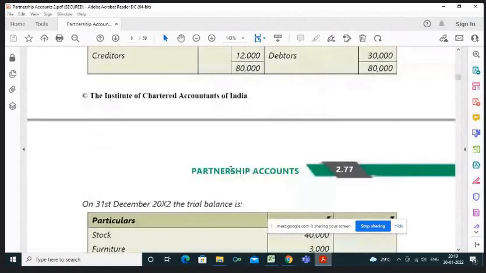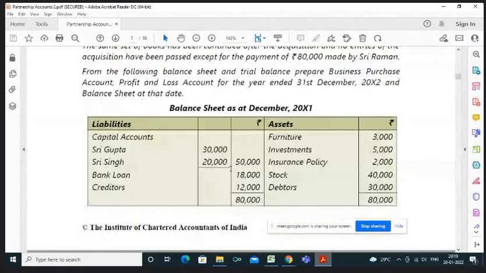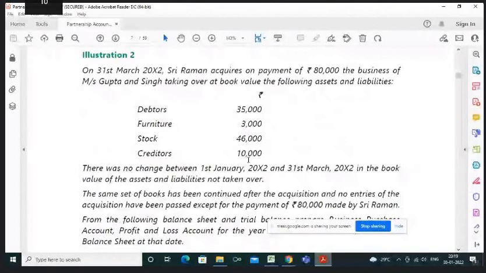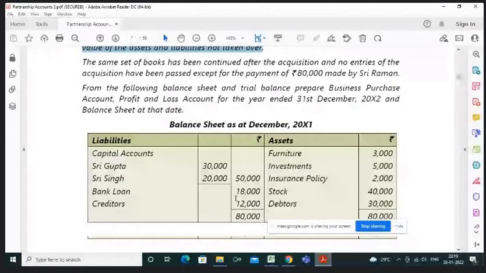So what is it that we have? We have the balance sheet as at 31st December 2011. And one more clue they have given is that there was no change between 1st January 2012 and 31st March 2012 in the book value of assets and liabilities not taken over.